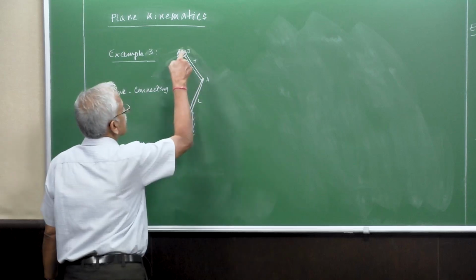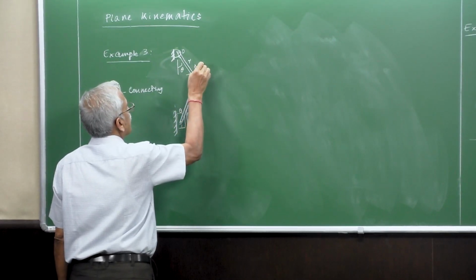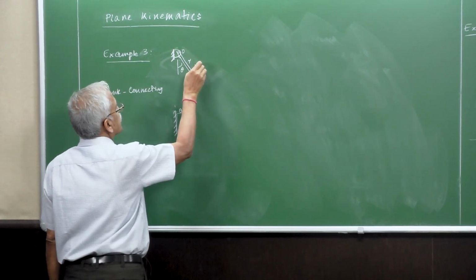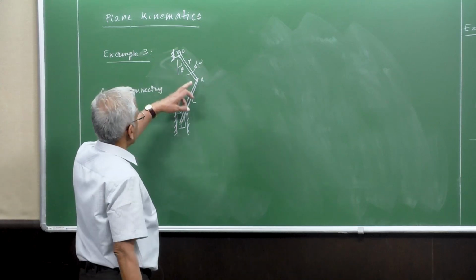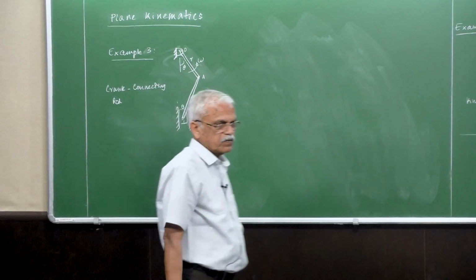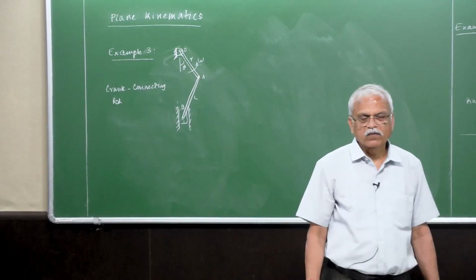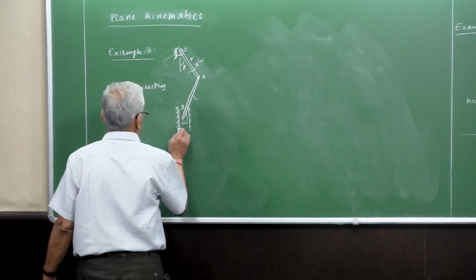Where this crank moves with certain angular velocity, or including acceleration, then this B here, the piston, will move in an up and down oscillatory motion, not necessarily simple harmonic.